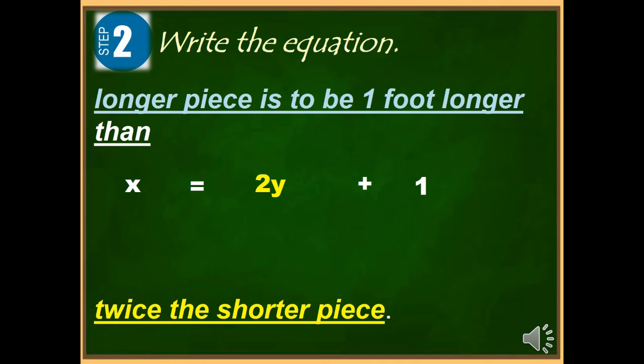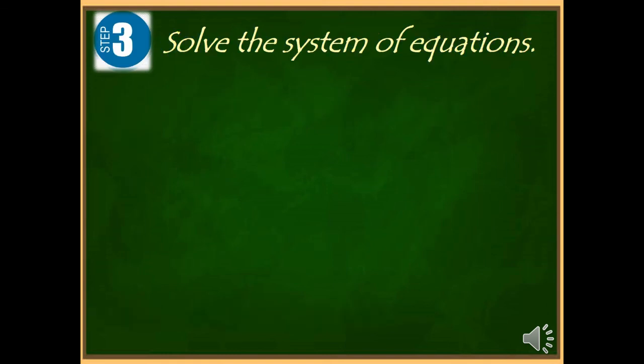So we have now x equals 2y plus 1 as our other equation. Let's now proceed to our next step. Step number 3 says, solve the system of equations.